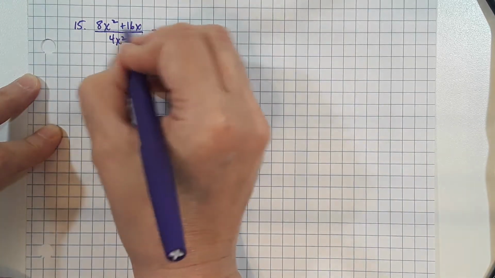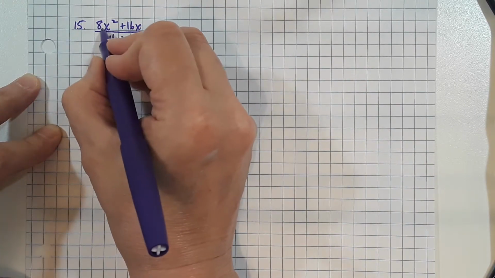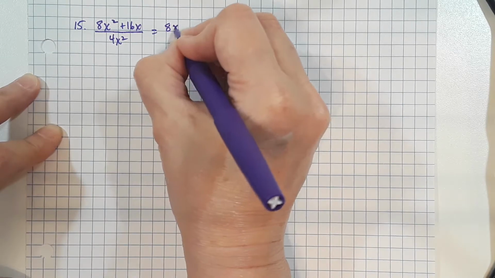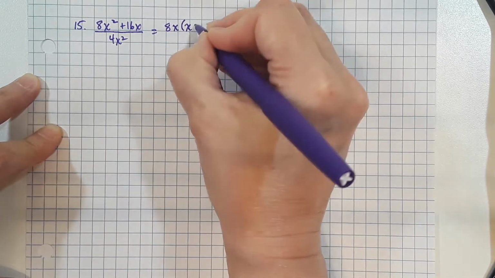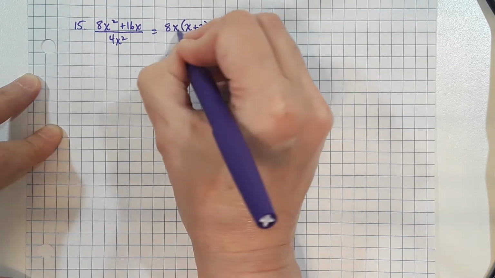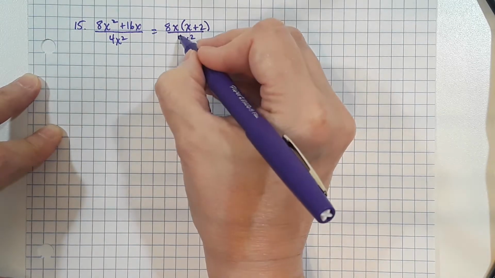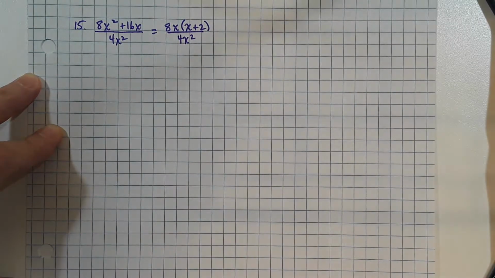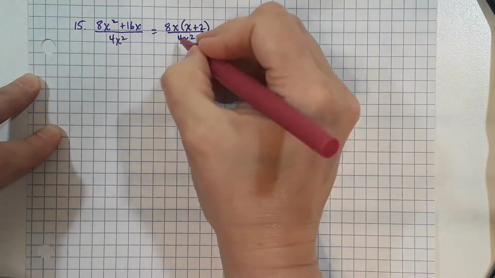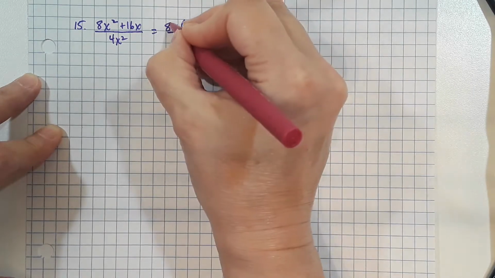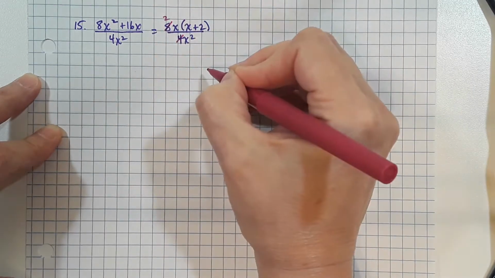So I notice the top one has a greatest common factor of 8x. So that gives x plus 2. And my bottom is 4x squared. Well, 4, let's do some color here. So 4 will go into 4 one time, 4 will go into 4 two times.